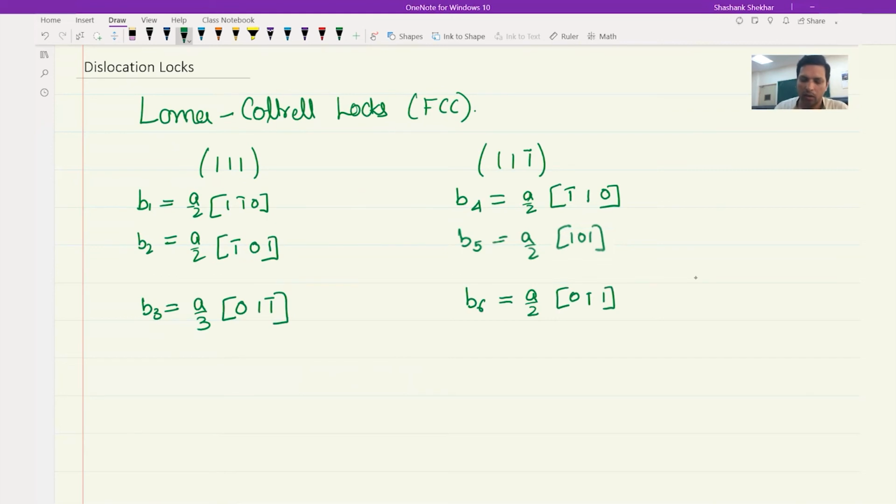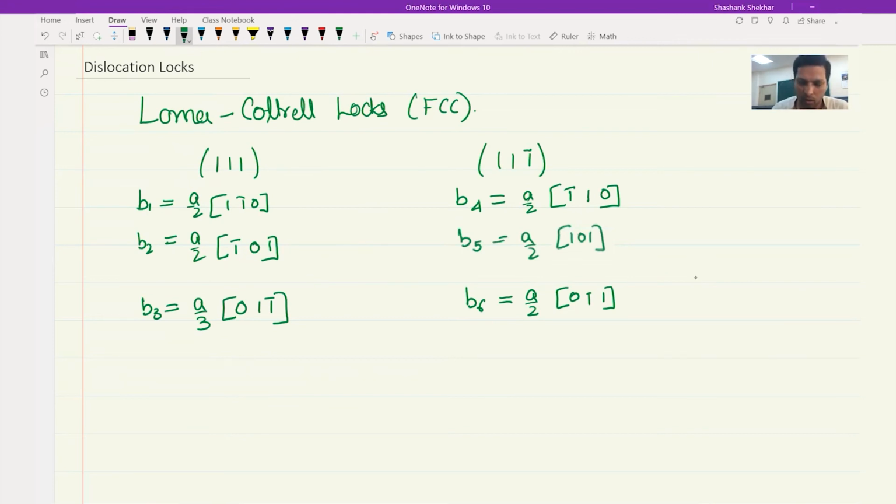Now let's say that 2 of the dislocations with these Burgers vectors intersect. So there is no meaning of dislocation intersection within a plane. Let's say that there are dislocations which intersect, one dislocation from here and another from here.